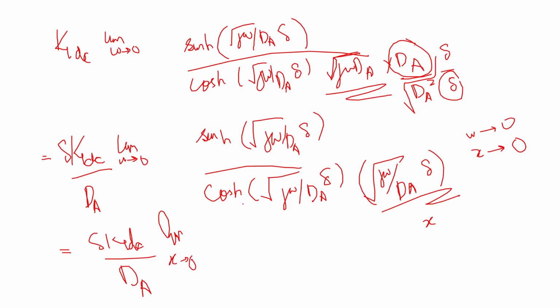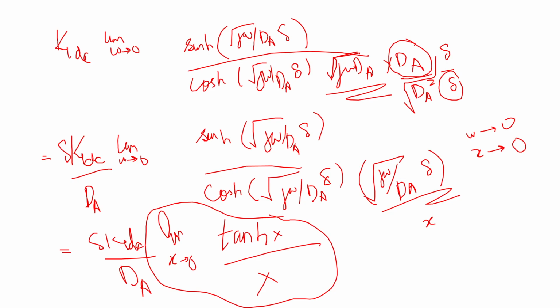Sinh something by cosh something, that is something like tanh x by this entire term, which is x. So can you tell what is limit x tends to 0 of tanh x by x? It's actually 1. So when you simplify, you are getting del by dA into k1 dc. So this is for the second term.